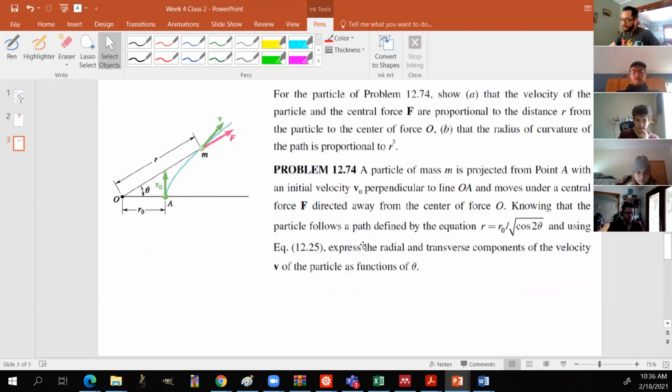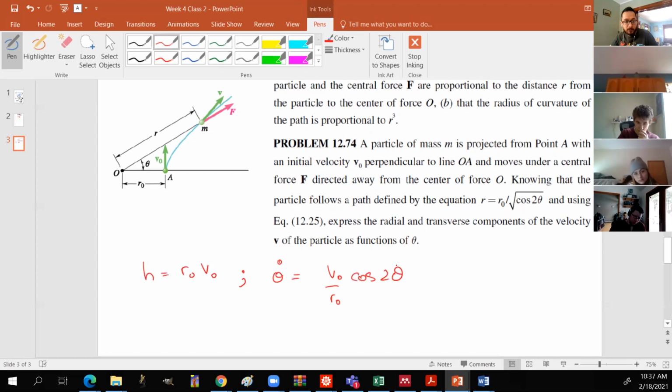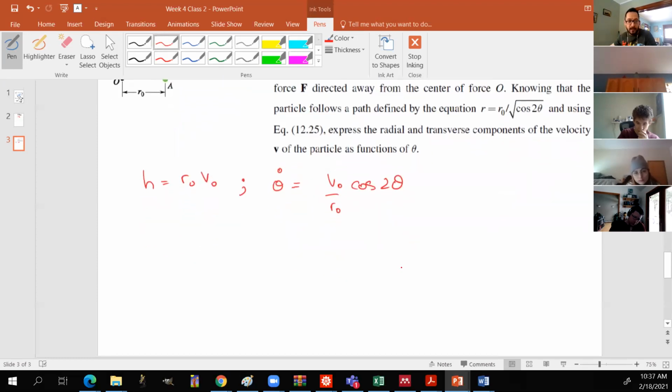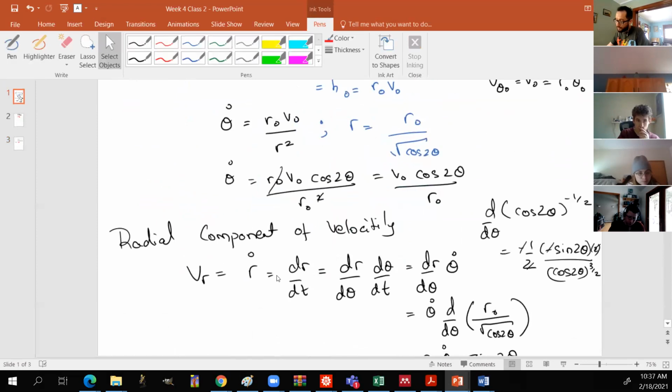So from the previous question, we had found that h was just equal to R naught times V naught, right? And we'd also said that theta dot is equal to V naught over R naught times cosine 2 theta, right? And we'd also found R dot, right?